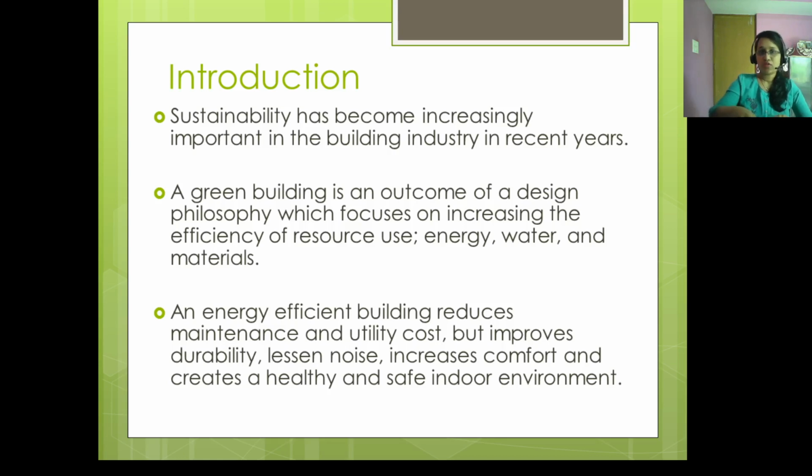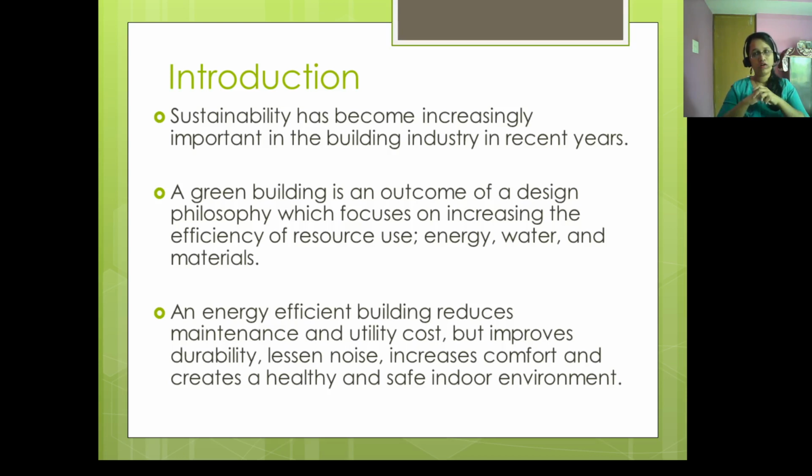Then coming to the introduction, first of all we need to understand what we mean by energy efficient buildings. An energy efficient building will reduce the maintenance and utility cost, improve the durability, lessen the noise, increase the comfort and create a healthy and safe indoor environment.